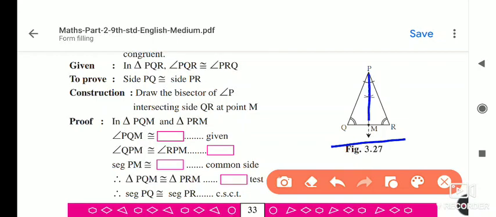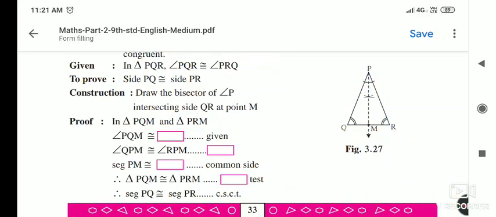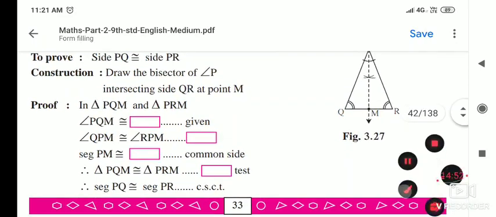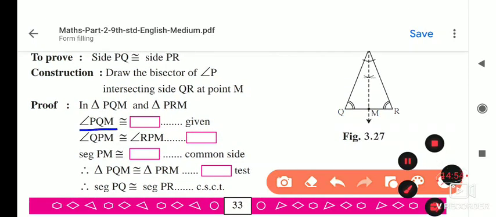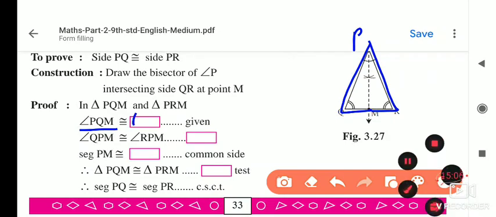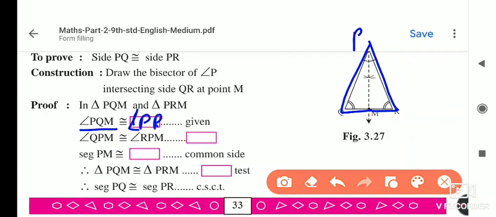Now again two triangles are there, PMQ and PMR. In these two triangles it is very easy. Angle PQM is congruent to angle PRM, and the reason is that it is given.